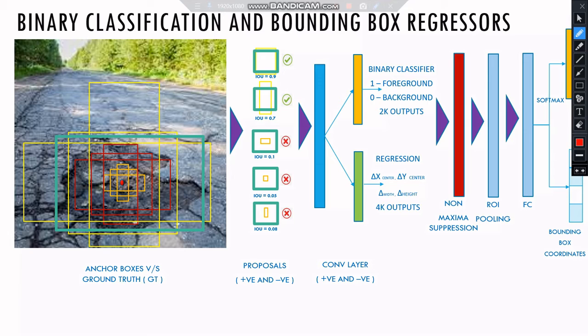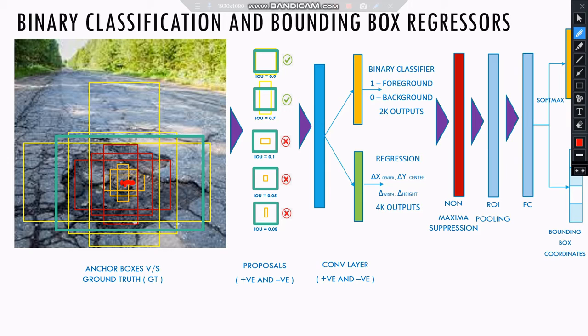Let's assume the center point of the anchor is here. The delta is how much distance you have to cover to get to the ground truth center point. That is how the deltas were calculated.